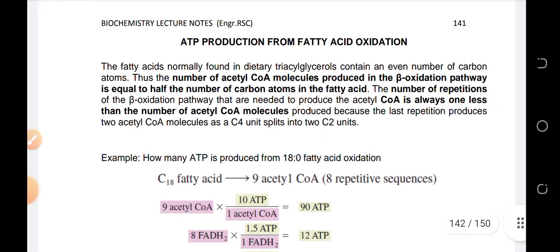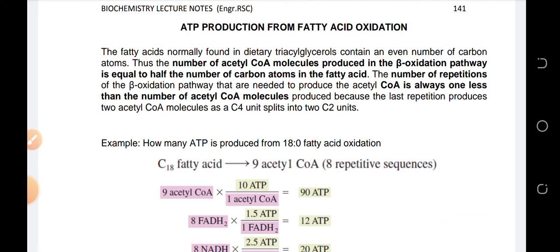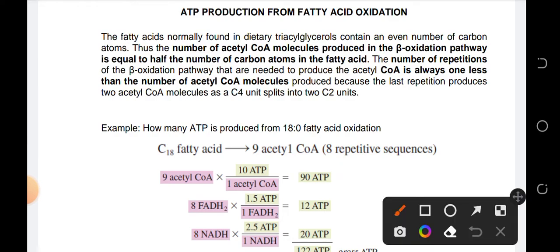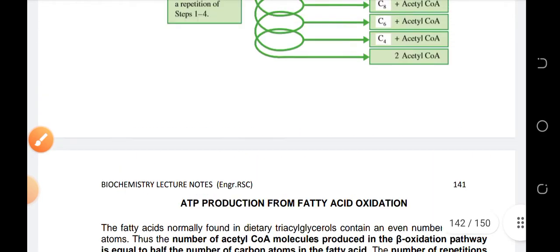Now, for the ATP production ng ating fatty acids, na-discuss natin yan kanina at sa ibang video pero ulitin na lang din natin. So, for ATP from the fatty acids, nakadepende yan sa identity ng fatty acids, no? Kung 18 yan, parang kanina nakita natin. So, ano ba yung summary dito?